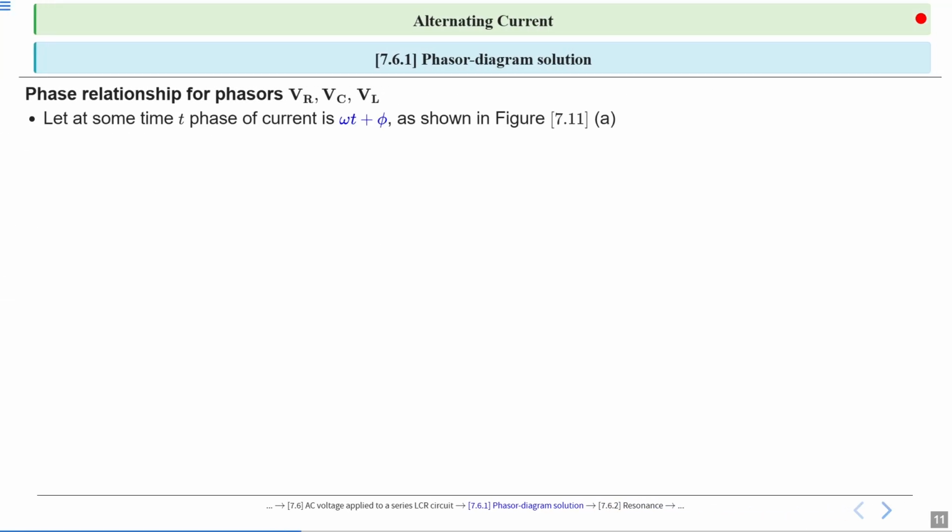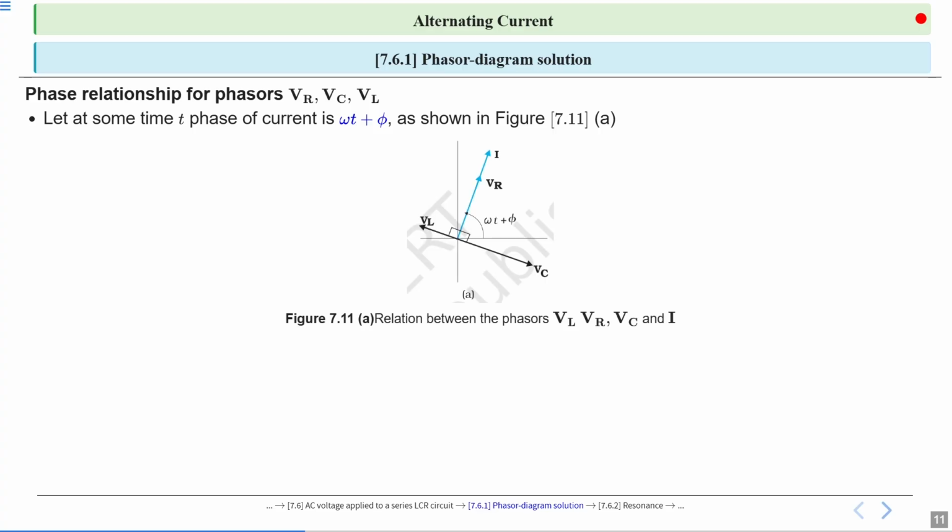So let at some time t the phase of current be omega t plus phi. Okay, so at any time the phase of the current, in this case I equal to Im sin (omega t plus phi), is omega t plus phi, as shown in figure 7.11a. Now the voltage across the resistor is in phase with the current.